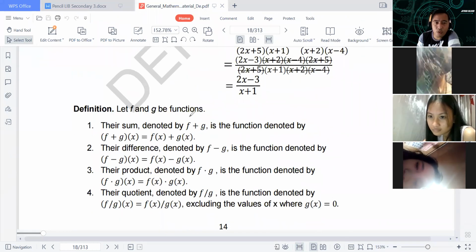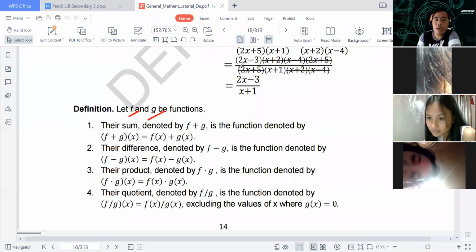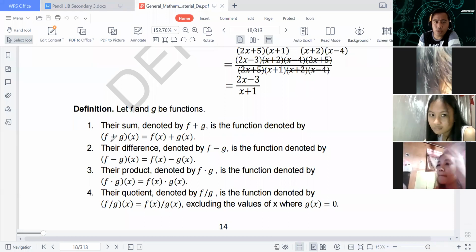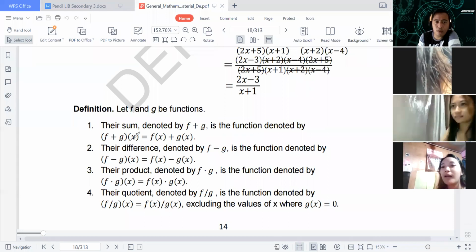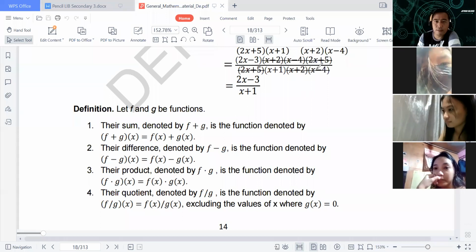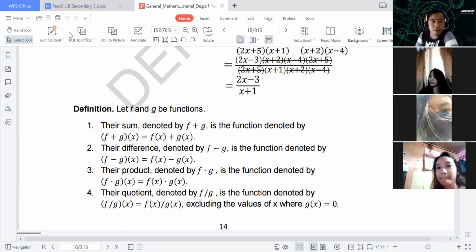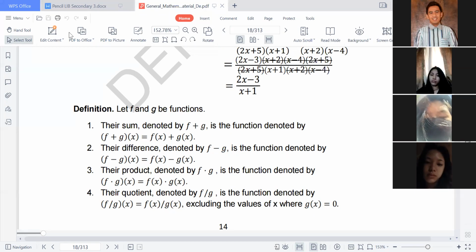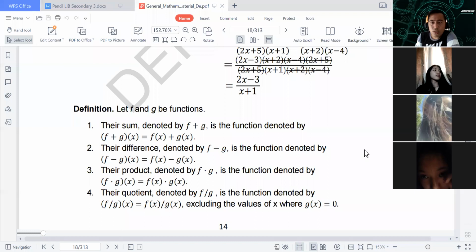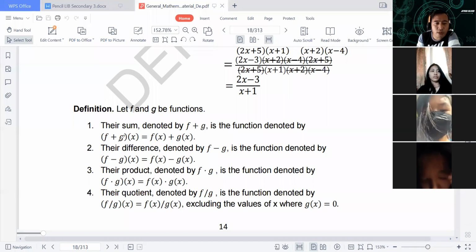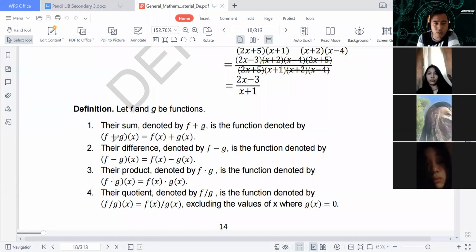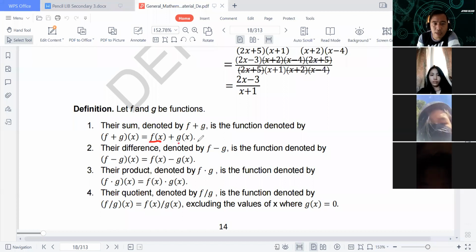If you have two functions, say f and g, and you want to perform addition of these two functions, f plus g of x, it will be the first function plus the second function.